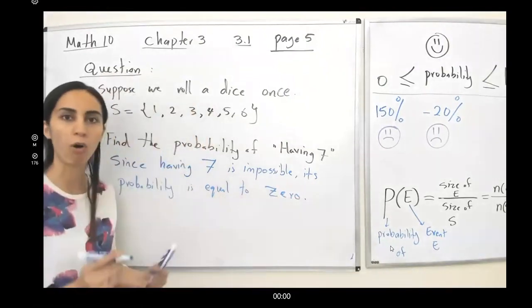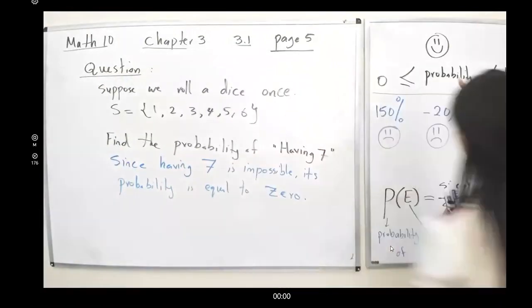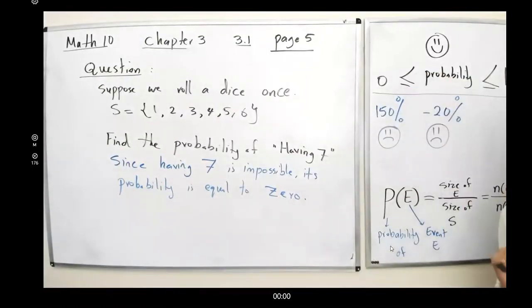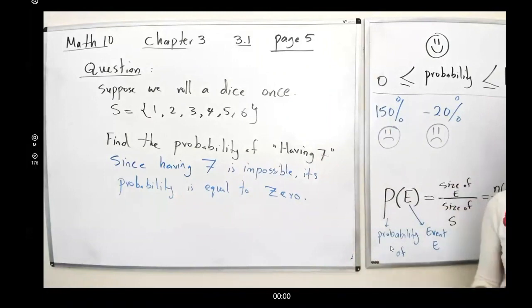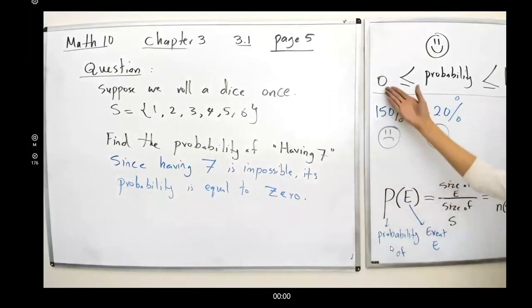So if you ever wonder when the probability can be 0, if you have an impossible event like having 7 in this sample space, the sample space doesn't include 7. It's an example of probability equal to 0.